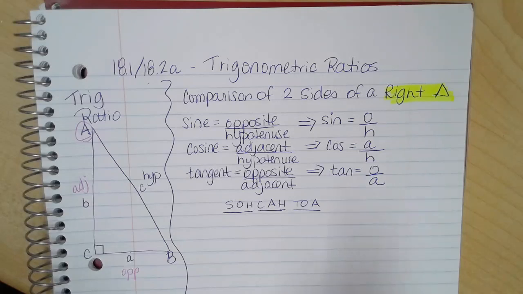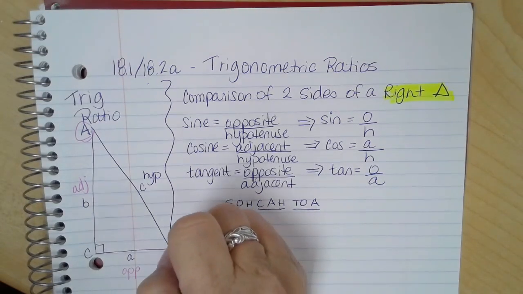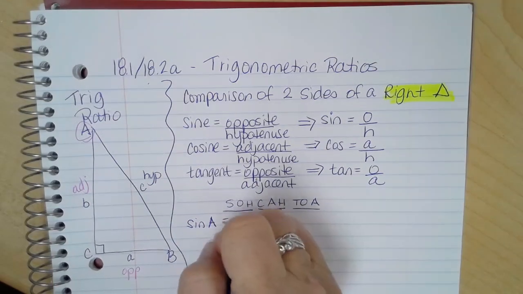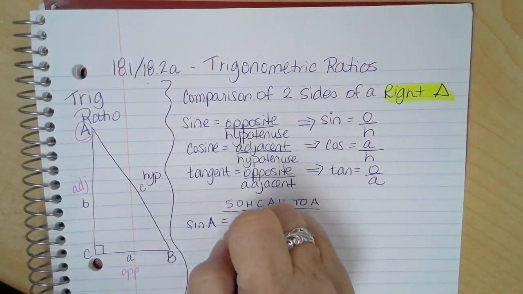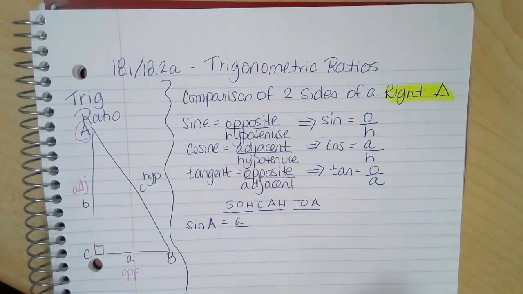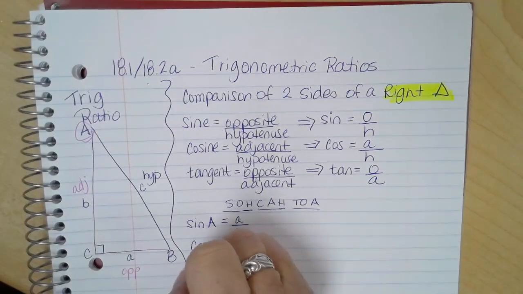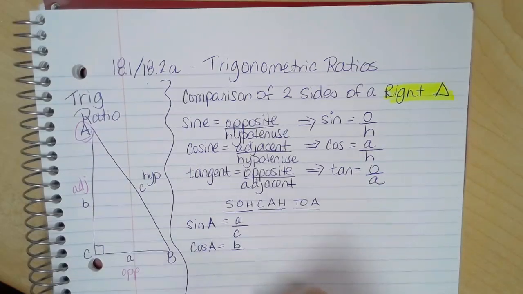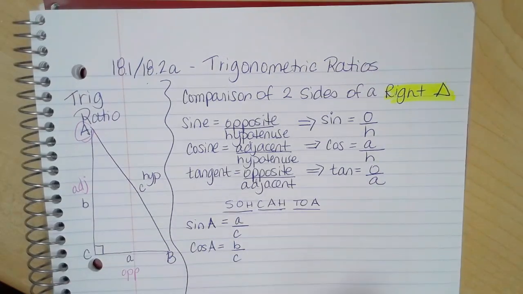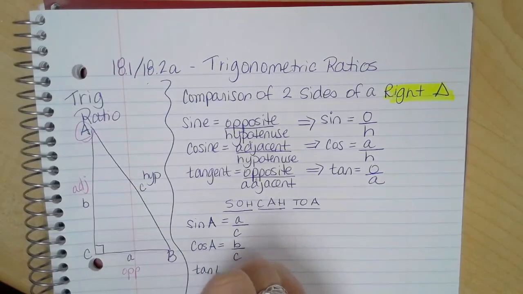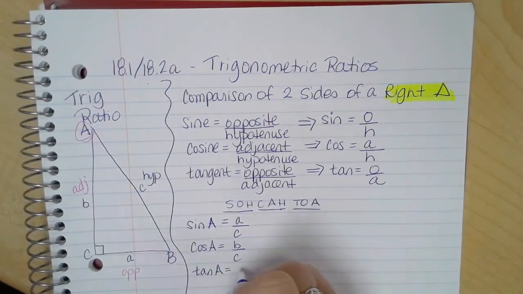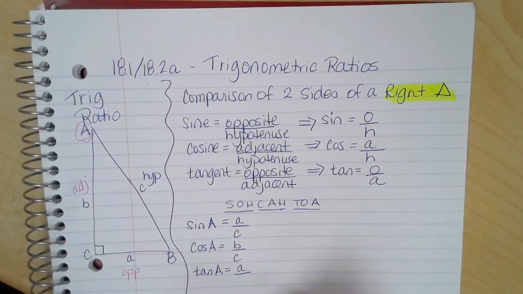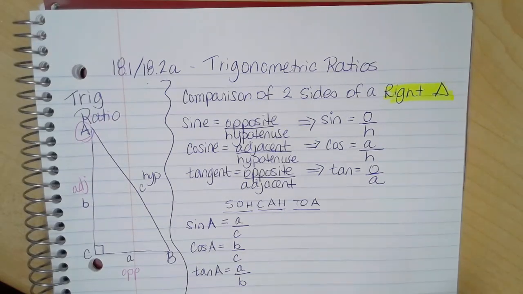So the sine of angle A is opposite, little a, over hypotenuse, little c. Cosine of angle A is adjacent, little b, over little c. Tangent of A is opposite, little a, over adjacent, little b.